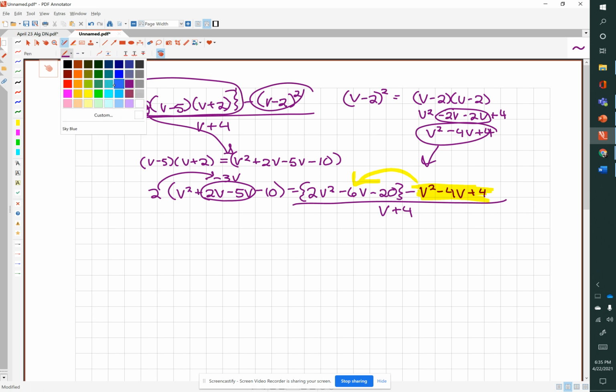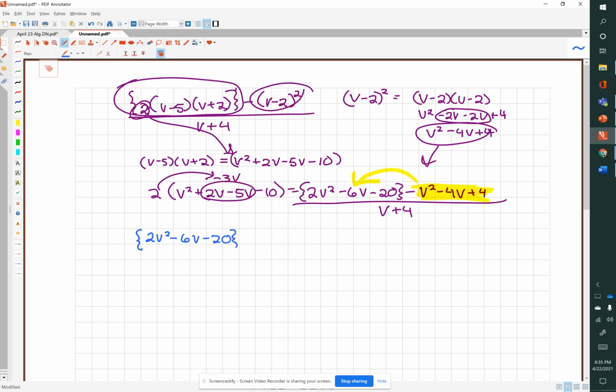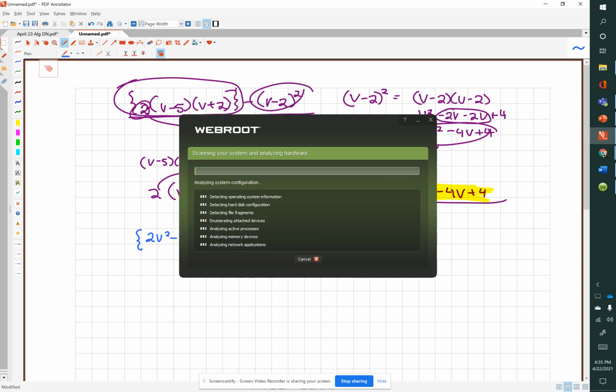I'm going to change the color. So 2v squared minus 6v minus 20 minus v squared minus 4v plus 4. So remember, we're subtracting.